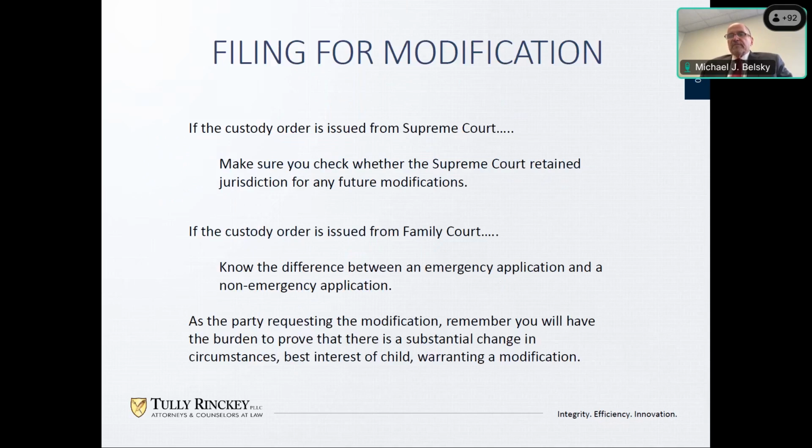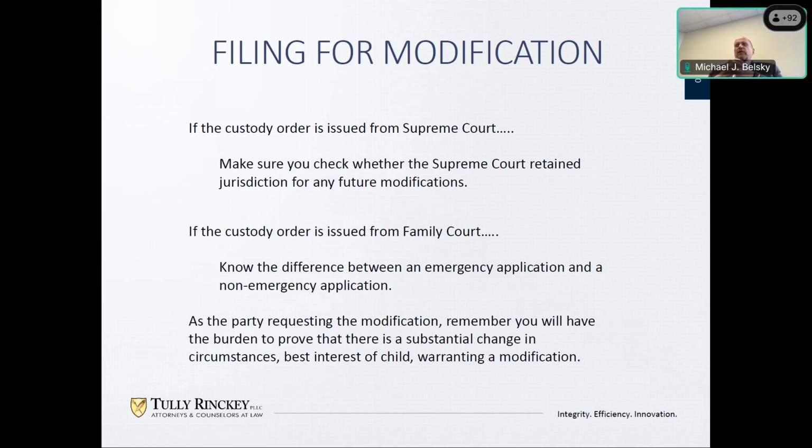All right. So filing for modification. So let's start with, say you have a Supreme Court order in a judgment of divorce, and in that order is a custodial schedule, custody schedule, parenting schedule, and you're always going to see in your judgment of divorce that it says that Supreme Court retains, and Supreme Court is where you get your divorce, retains jurisdiction regarding the issues of custody and visitation concurrent with family court.